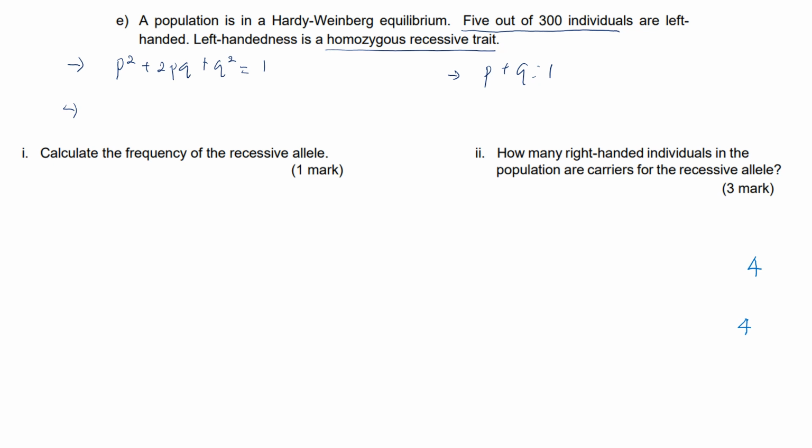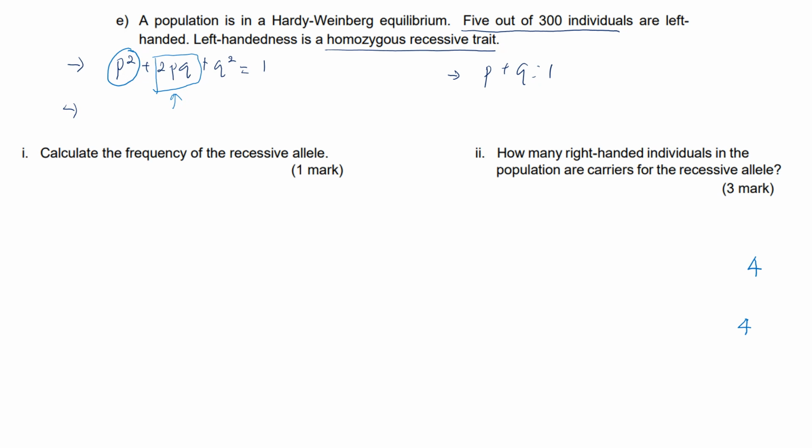For the first equation, p squared is to find the frequency of the homozygous dominant individuals. For the second component, which is 2pq, this is the frequency of heterozygous individuals.